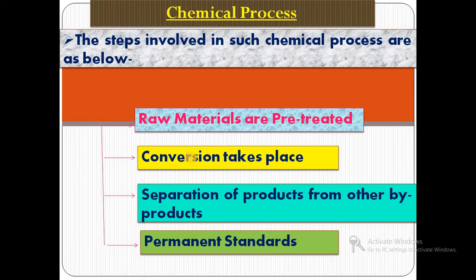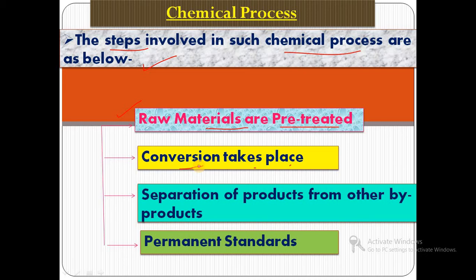The steps involved in such chemical processes are as below. There are 4 steps involved to carry out any type of chemical process. First, raw materials are pre-treated, then conversion takes place. That is, first raw materials are selected to carry out the chemical reaction.